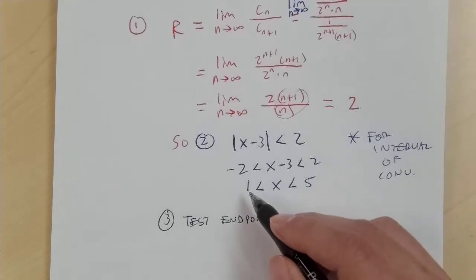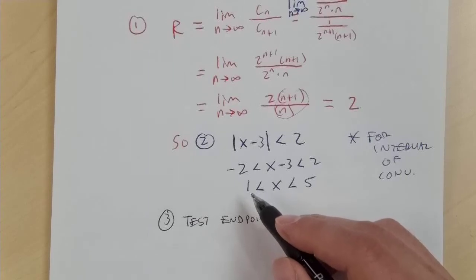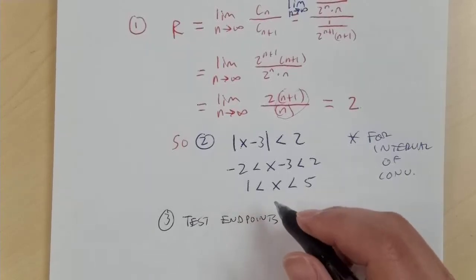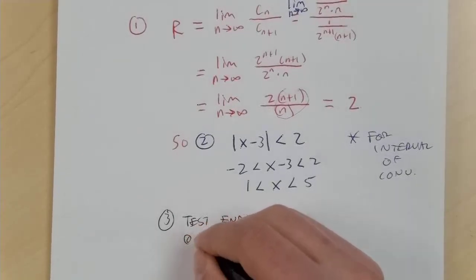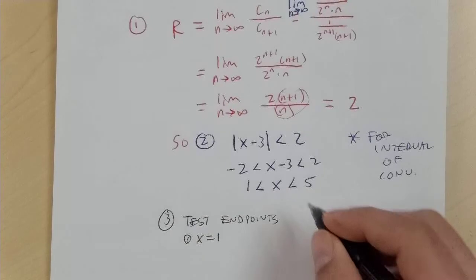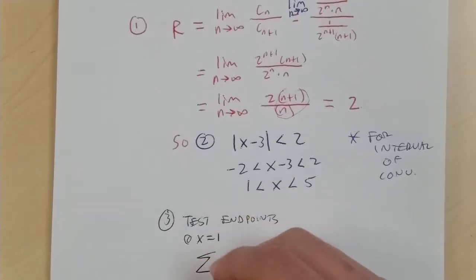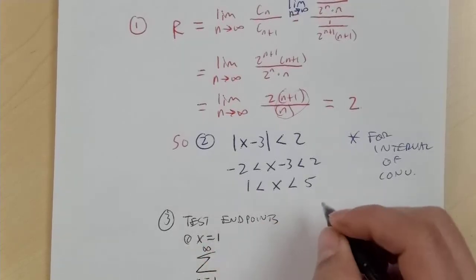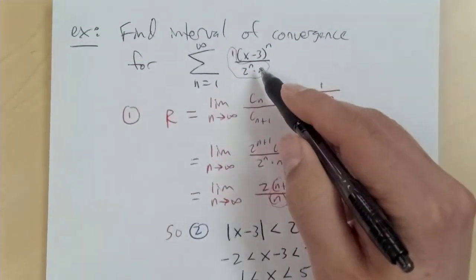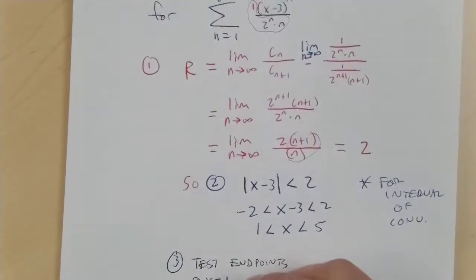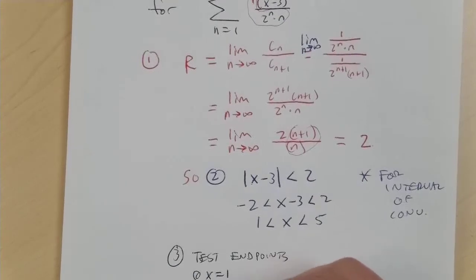It's possible that we might have convergence at 1 and/or 5, or neither, but we're going to test the endpoints. So at x equals 1, here's what we're talking about. We take the sum from n equals 1 to infinity, and now I'm just going to replace x with 1, so we're going to get negative 2 to the n over 2 to the n times n.